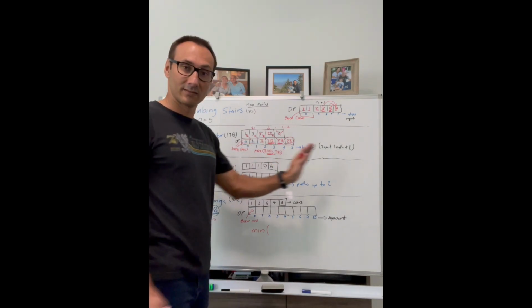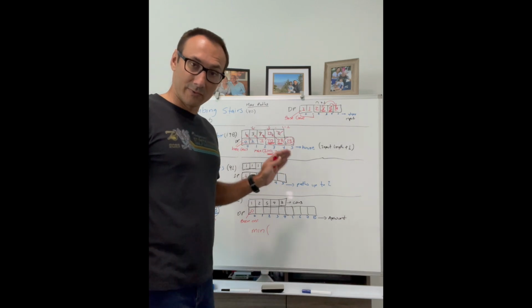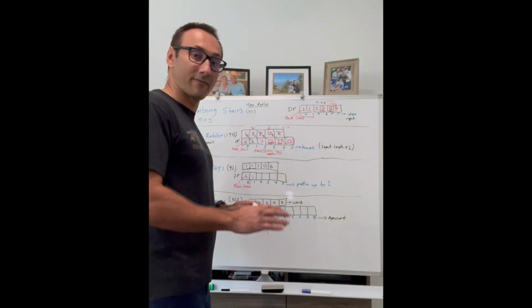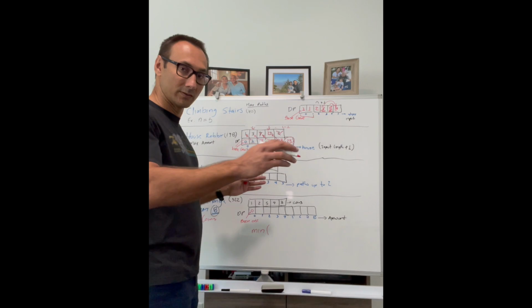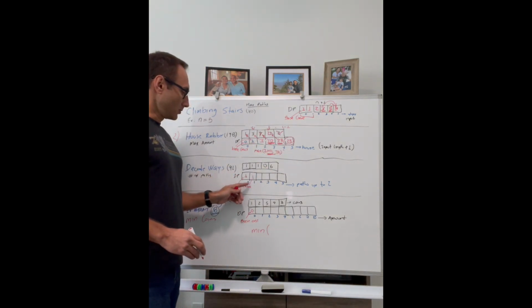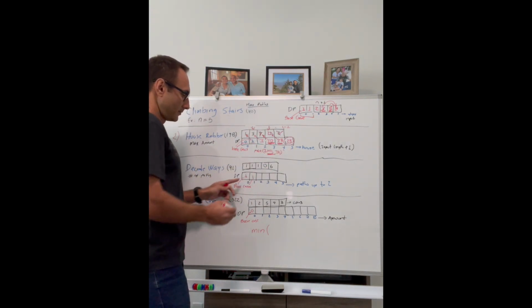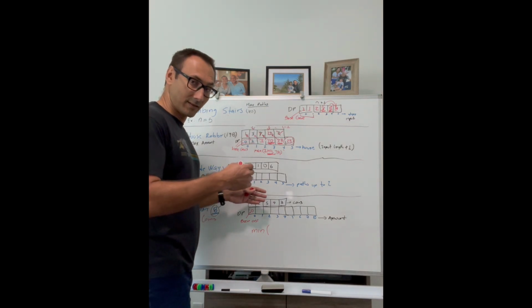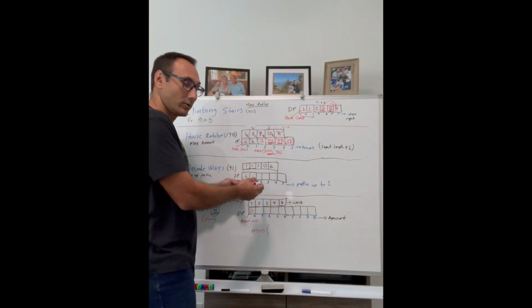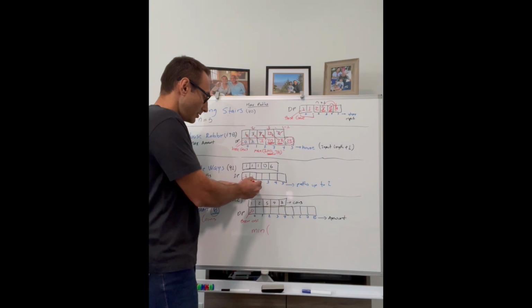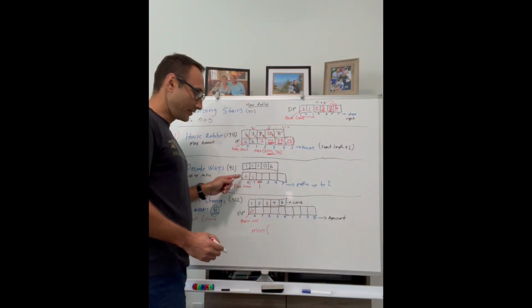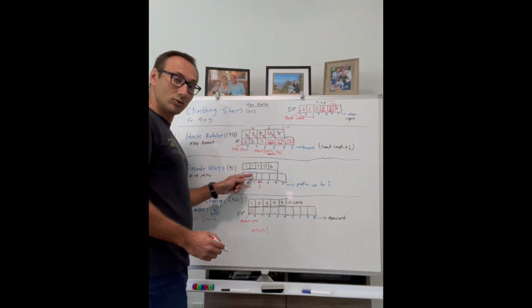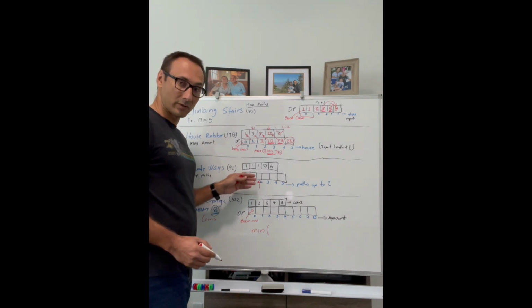No matter what, if it starts with zero, it's not valid. It's impossible to decode the whole string. So again, for the solution, we'll start the loop in here because we already filled the first two positions with the base cases.